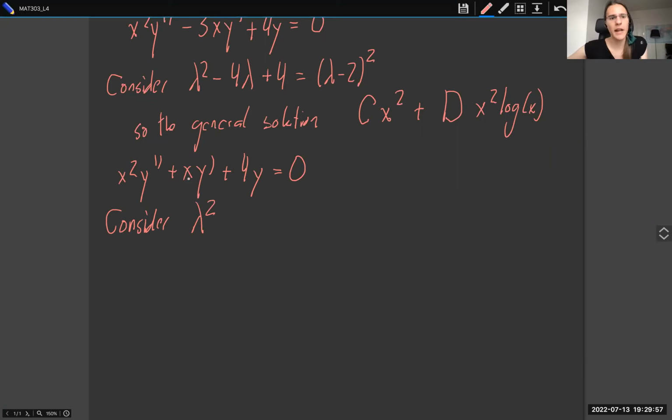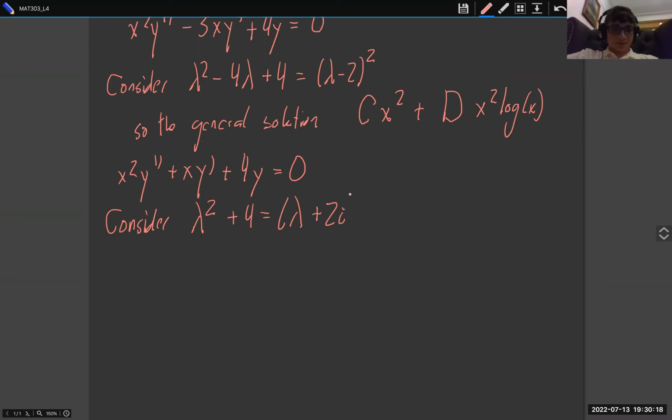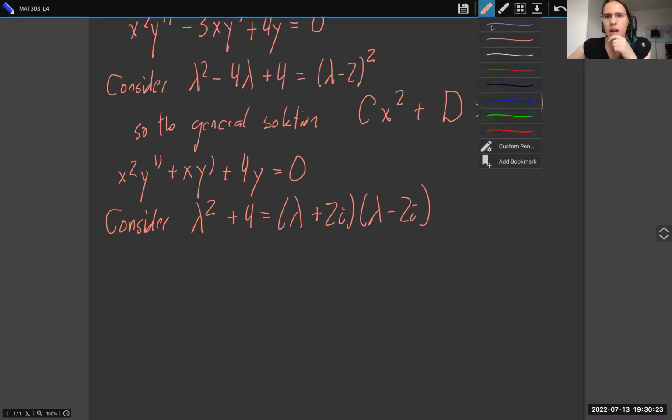Yes, so it's 1 and 1 here, so that becomes a 0. And then we get plus 4 equals 0. Well, okay, this we can actually factor, because it is a difference of squares, except for the fact that it's a sum of squares. So in fact, what you get is lambda what? Plus 2i, minus 2i. Yep. Let's say that the repeated root is 2i and not negative 2i, just to make the signs a bit nicer.